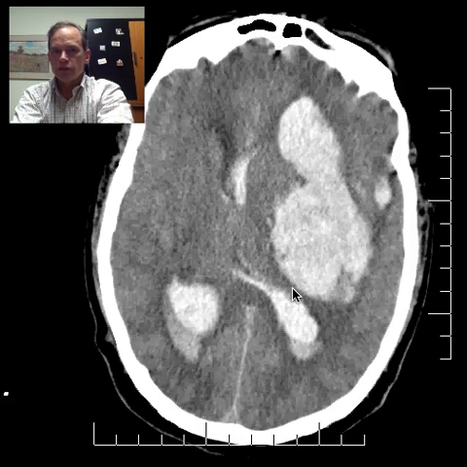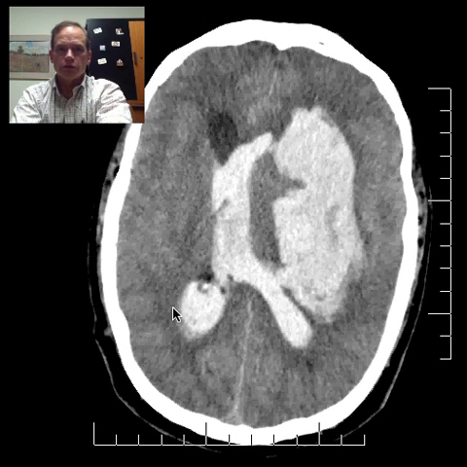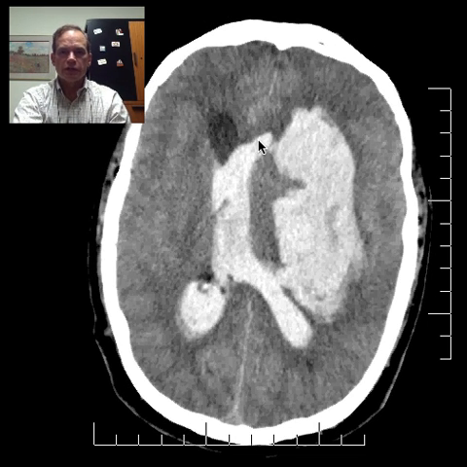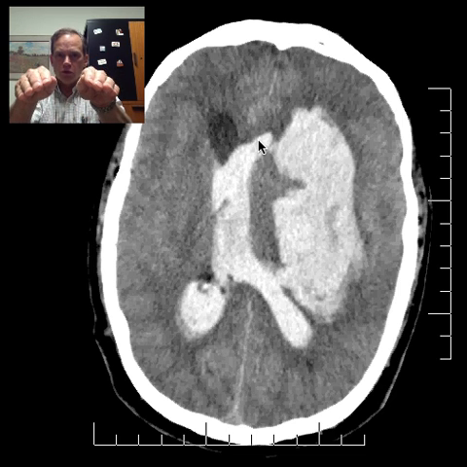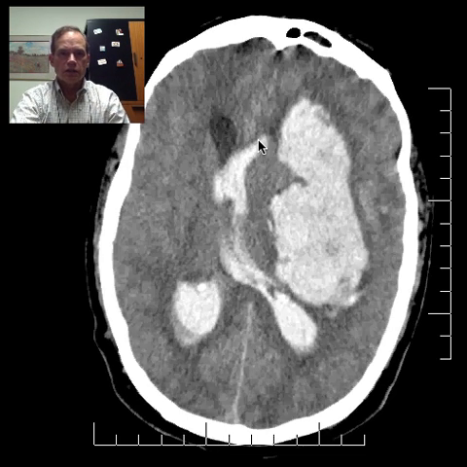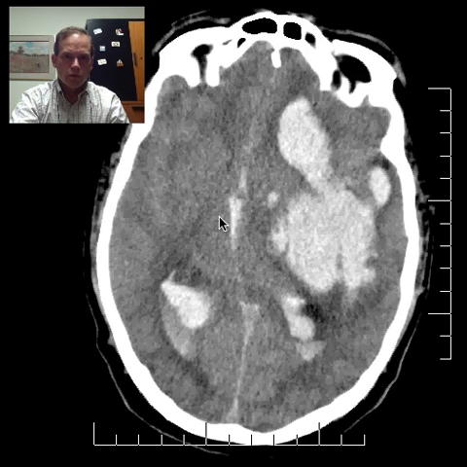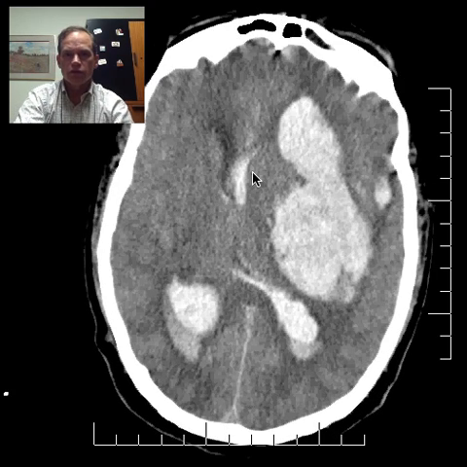So the blood is going from the lateral ventricles, and the frontal horns of the lateral ventricles kind of come forward like that, and then they duck down together and meet right here where they empty into the third ventricle.